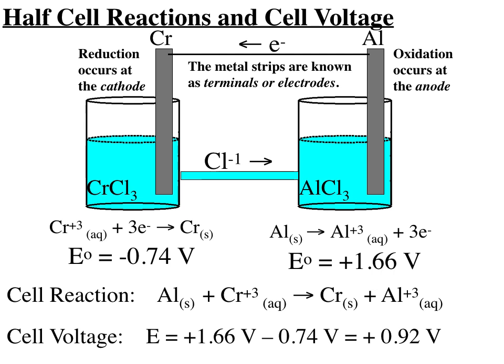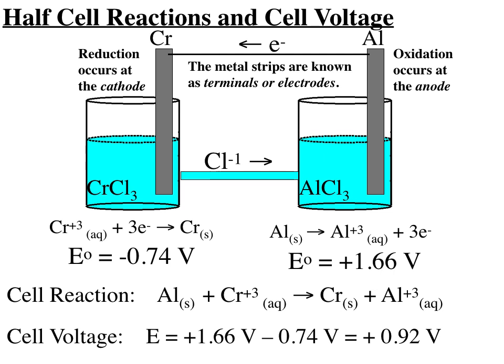Now, on the other terminal, I have the chromium coming out of solution and becoming chromium solid, and this requires an input, according to the sign of the reduction potential.